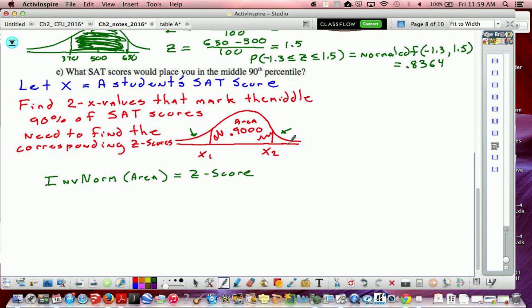The whole thing is 1, and the middle is 0.9, so the two tails total 0.1. If it's symmetric, each is 0.05. So x1's area is only 5%, and we go inverse norm of 0.05.